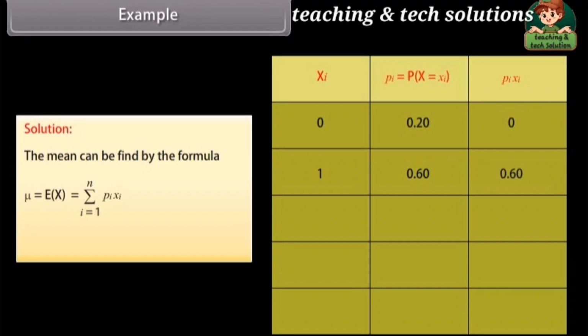For xi = 5 and pi = 0.10, pi xi = 0.50. For xi = 6 and pi = 0.10, pi xi = 0.60. And the summation of pi xi is 1.7. So the mean is 1.7.